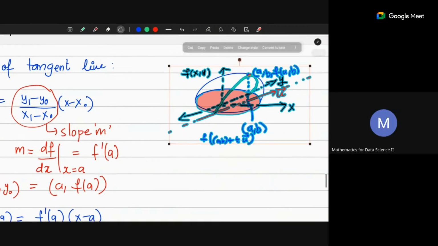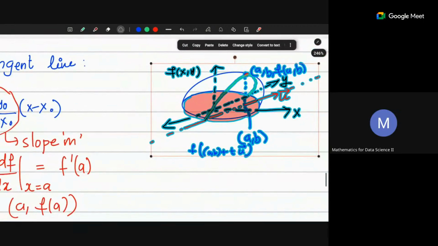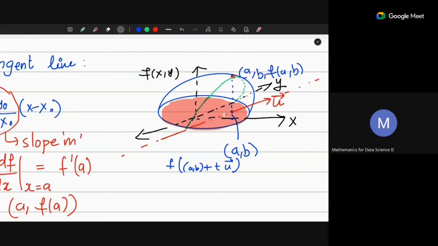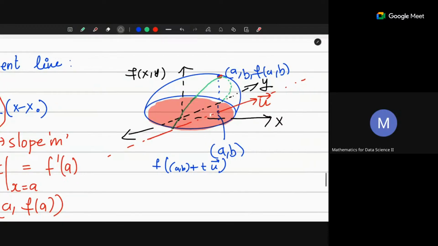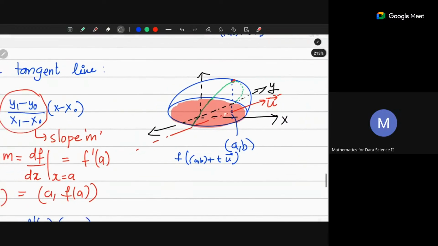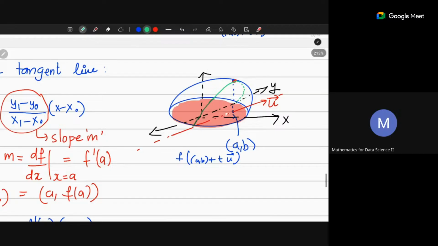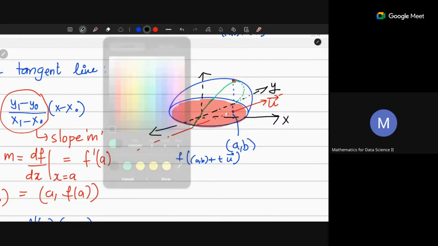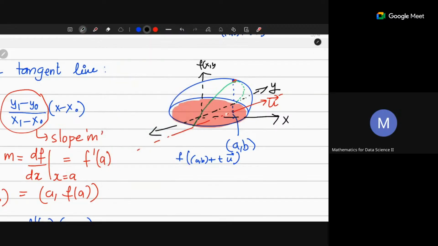All right. So the picture is here. This is what my picture looks like. So let me draw this thing. That's my f of x y, and this is the y axis.